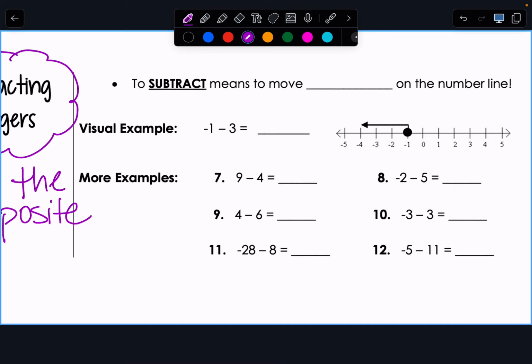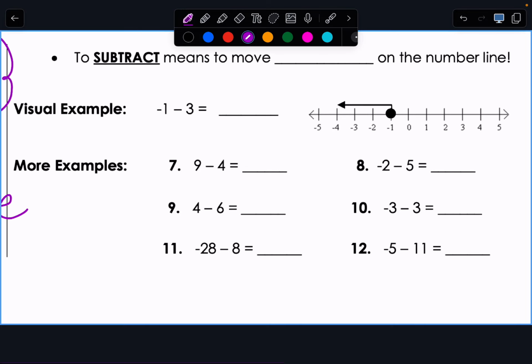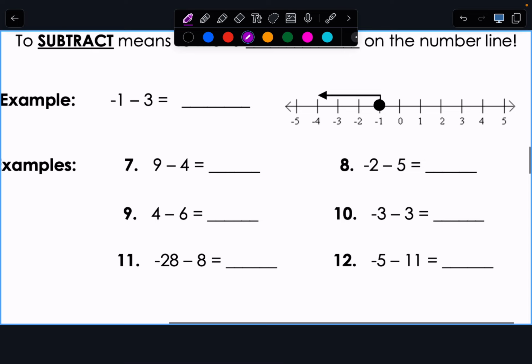So I'm going to show you what happens. -1 minus 3. We are going to change this to add the opposite. I see that it's subtraction. We are going to add the opposite. So our subtraction becomes addition, and our 3 becomes -3.